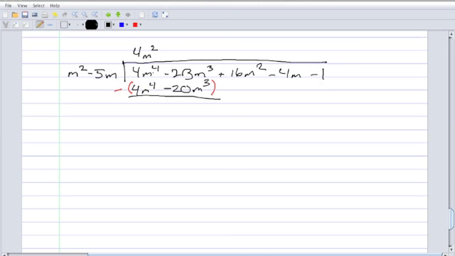So 4m to the 4 minus 4m to the 4 is 0. You have a negative 23m cubed plus 20 leaves you with a negative 3m cubed. Bring everything else down.